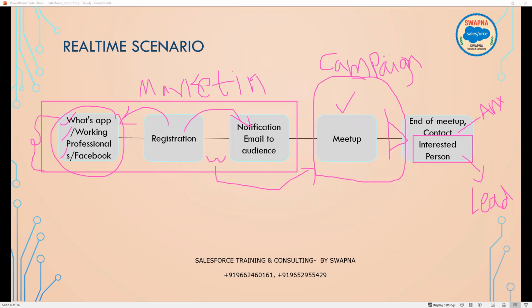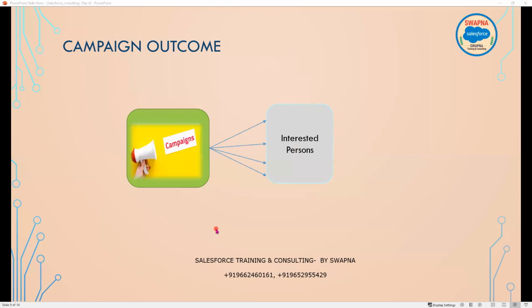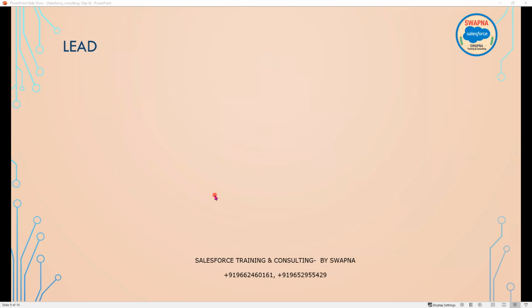So basically, the campaign outcome is nothing but who all are interested in those products, in future events, in getting the products, and in joining the classes in future. So the campaign output is an interested person, which is called a lead.